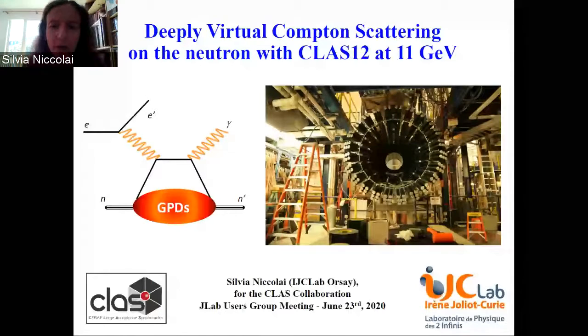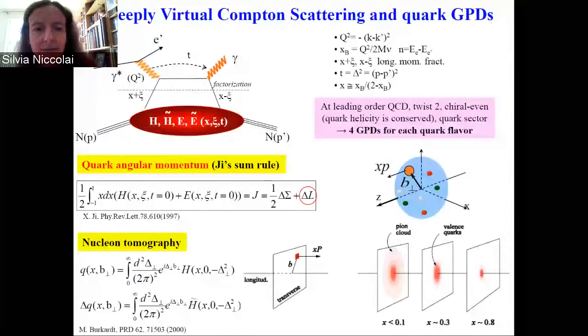So I will not really go into the detail of the theoretical introduction. I will just remind a few points, as Maxime has already described the issue in detail. The main points I wanted to point out, which are going to come back in the rest of the talk, are the fact that basically measuring generalized parton distributions is important for several reasons.